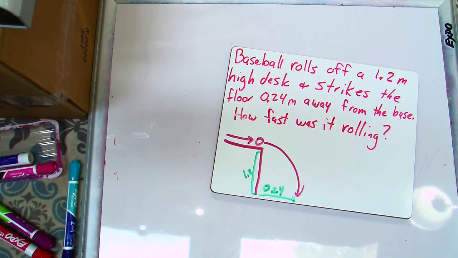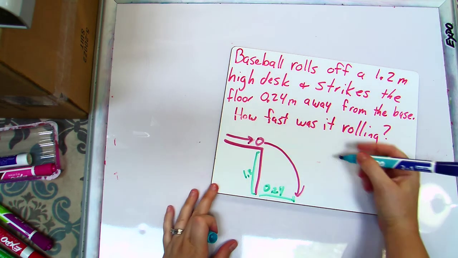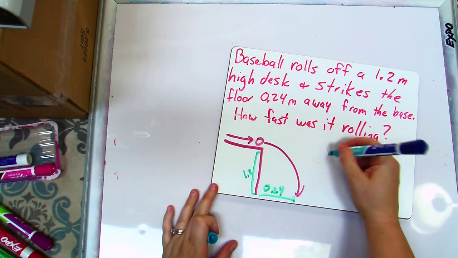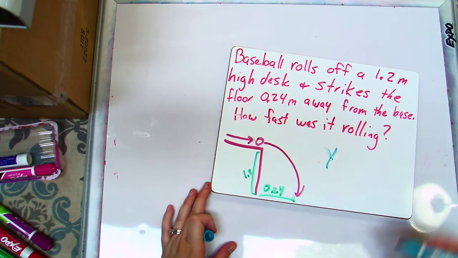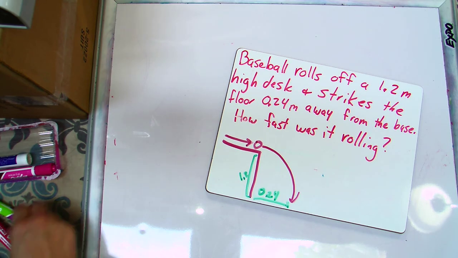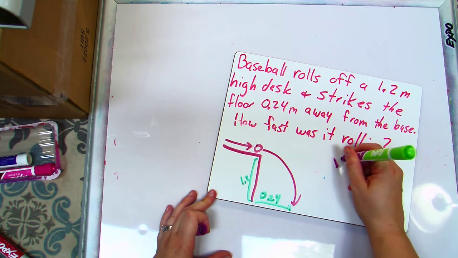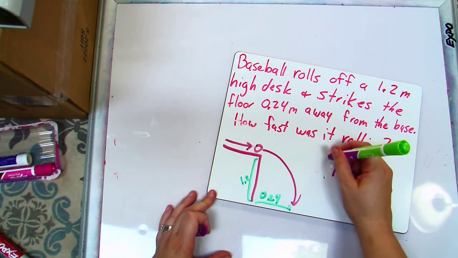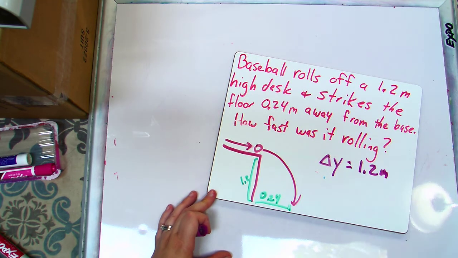So let's think about what we know in this problem. What are the knowns? Well, we know that the vertical displacement equals 1.2 meters.